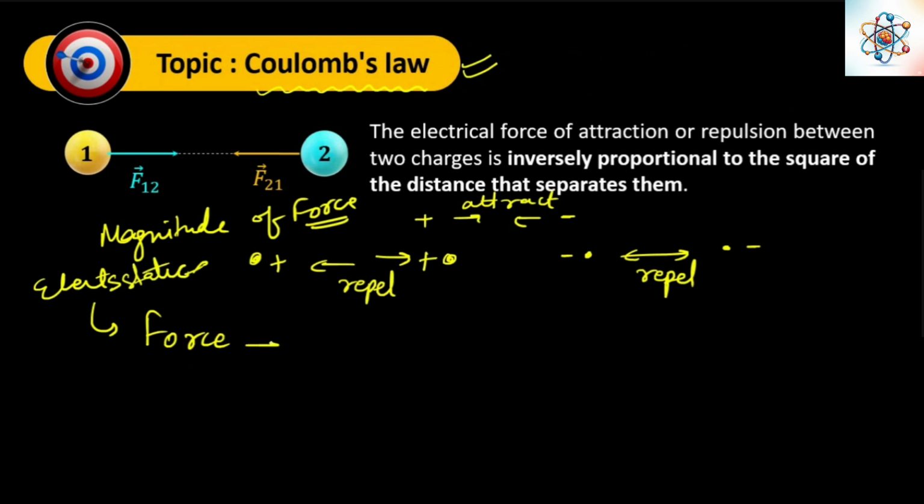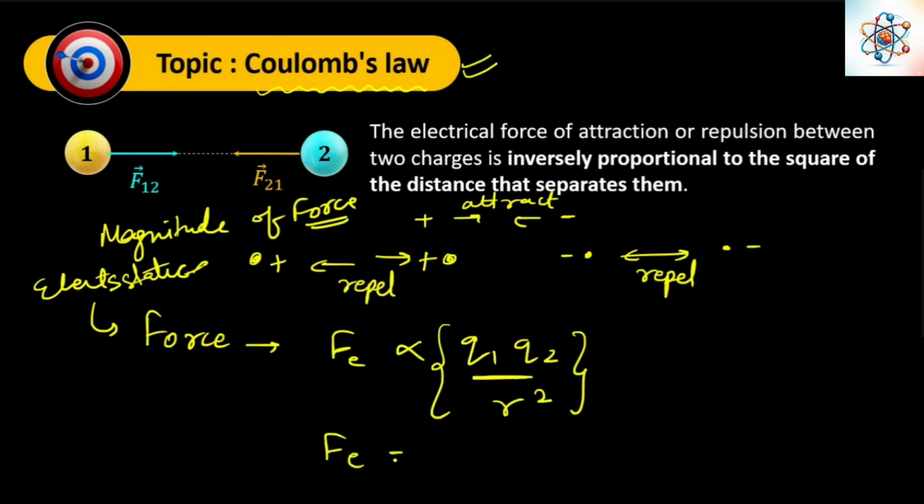and it is given by the product of the charges between which the force is being calculated and the distance of separation between them, like how much distance they are apart. When we put that into an equation, we found that electrostatic force is nothing but k times the product of charges divided by the square of the separation between them.